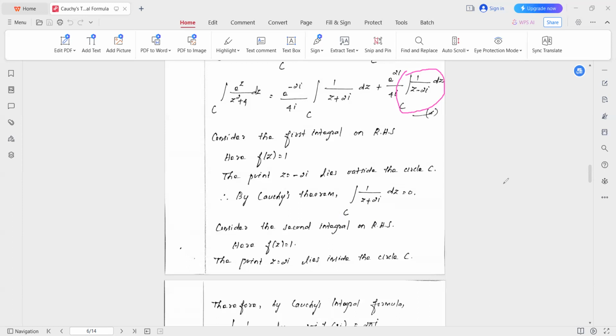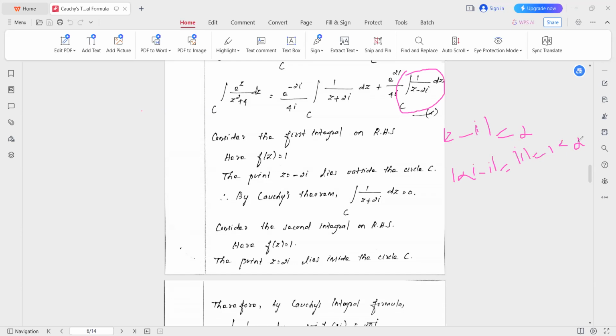As our circle is modulus of z − i equal to 2, we substitute the value 2i in place of z and get 2i − i, which is equal to the modulus of i, equal to 1, which is less than 2. This shows that the point 2i lies inside the circle.